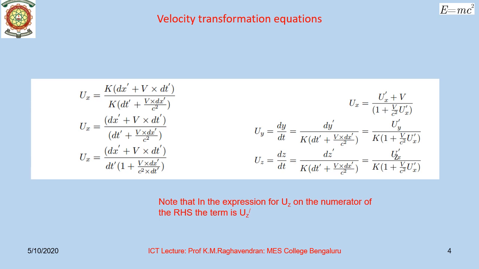Similarly, by substituting for dy and dt, we can show that uy = uy' / (k(1 + (v/c²)ux')) and uz = uz' / (k(1 + (v/c²)ux')).